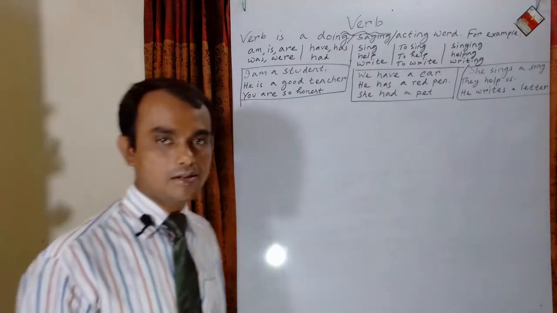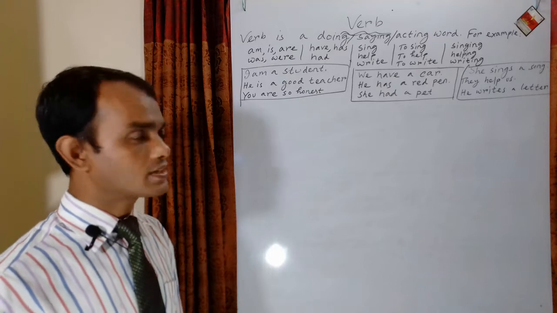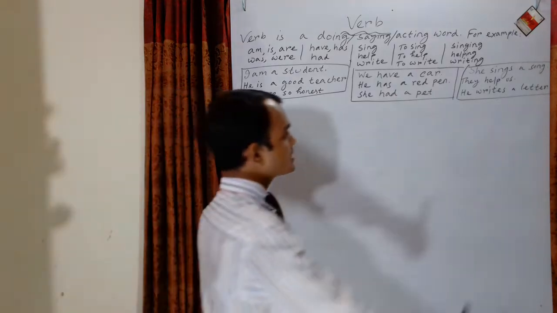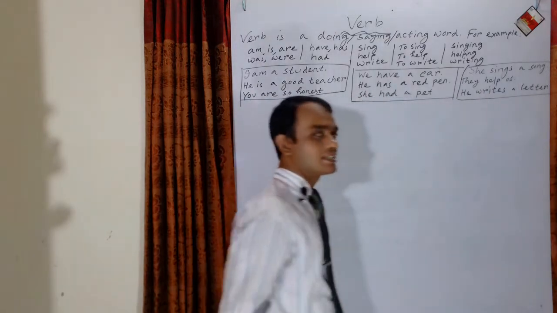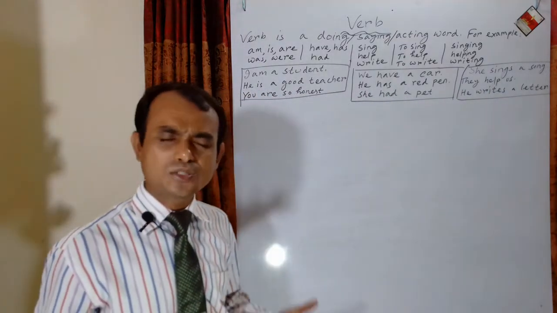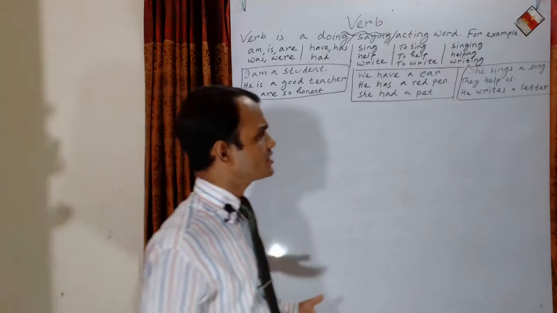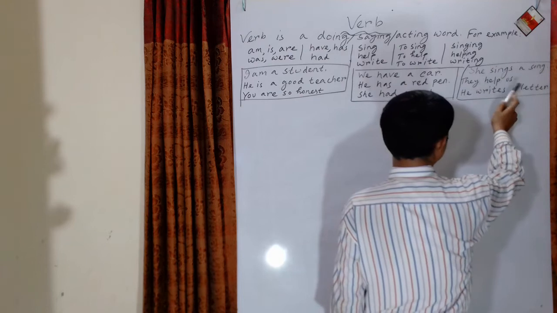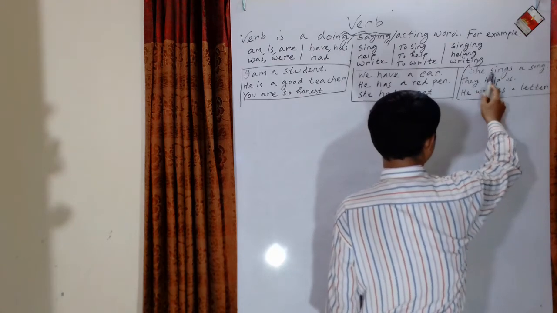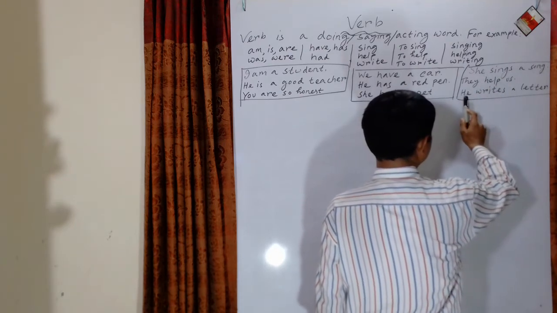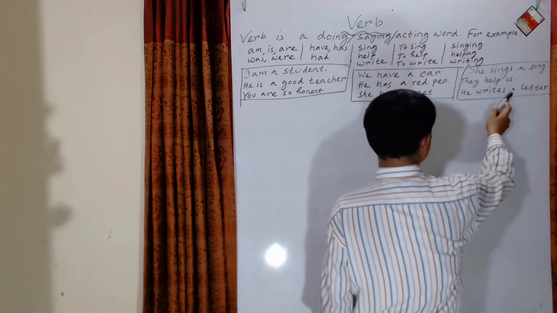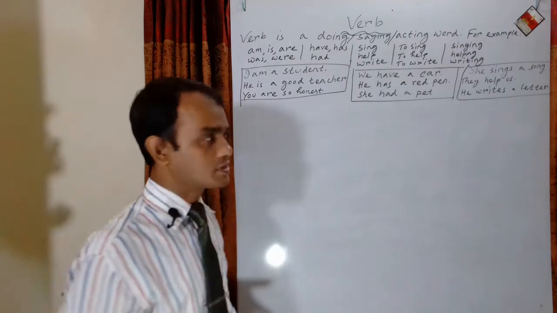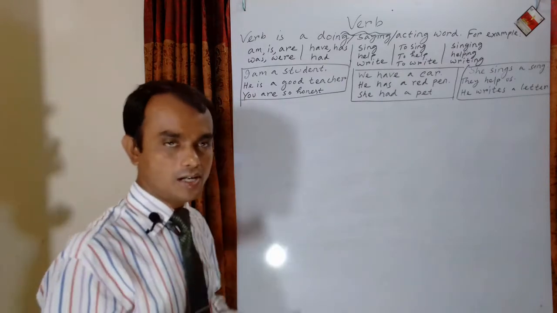Dear students, I have written 3 another examples. She sings a song. Here the word sing is telling something, is doing something. Okay. For this reason, this word is a verb. They help us. The same way the word help is saying something. He writes a letter. In the same way the word write is acting something. So these are verbs.